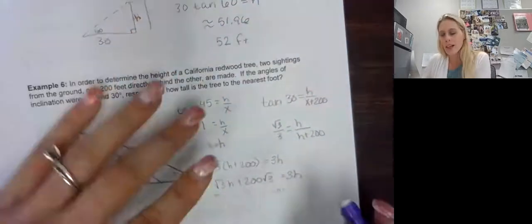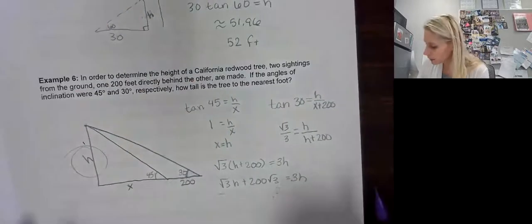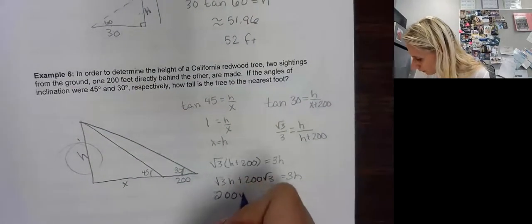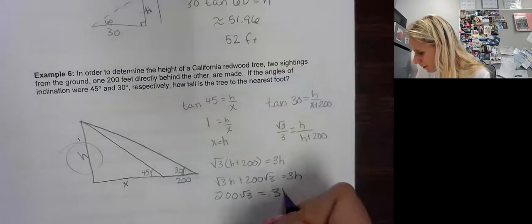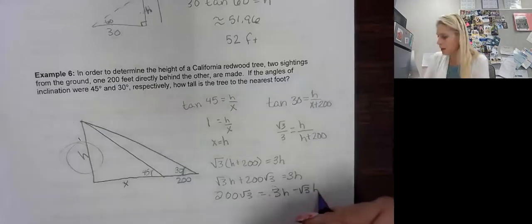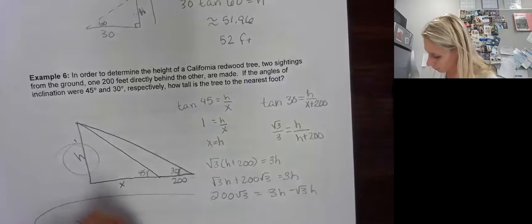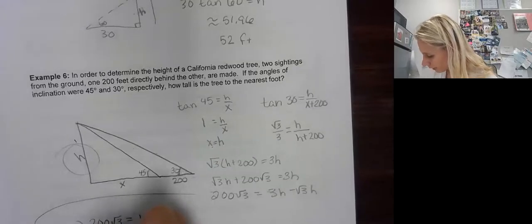I think I'm just so used to having my variable on the left side, but we don't need it, right? So on the left side, we have 200 square root of 3 equals 3h minus square root of 3h. We can now factor out an h, which will allow us to only have one h.